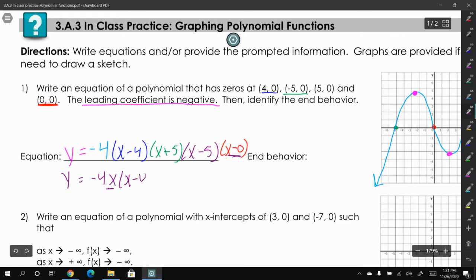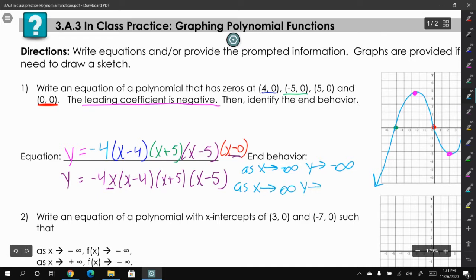So we have x minus 4, x plus 5, x minus 5. And then both of our ends are going down, so as x approaches negative infinity, y approaches negative infinity. As x approaches positive infinity, y approaches positive infinity as well.